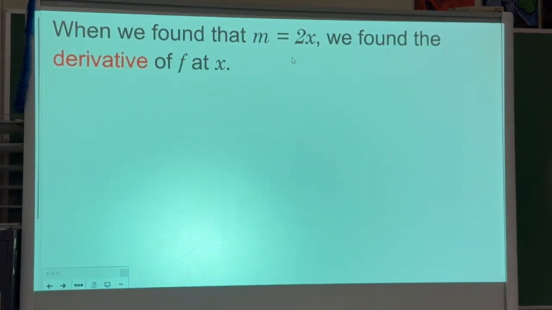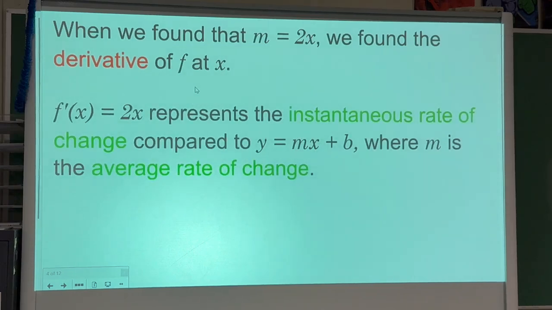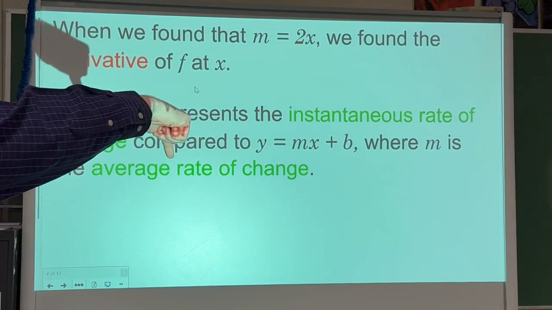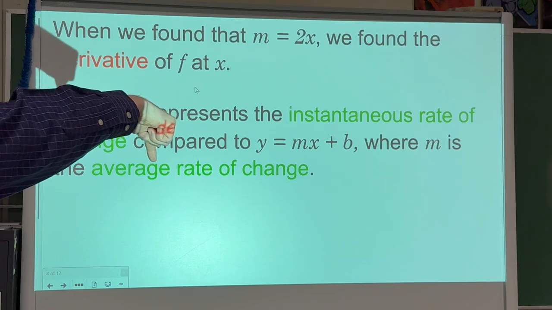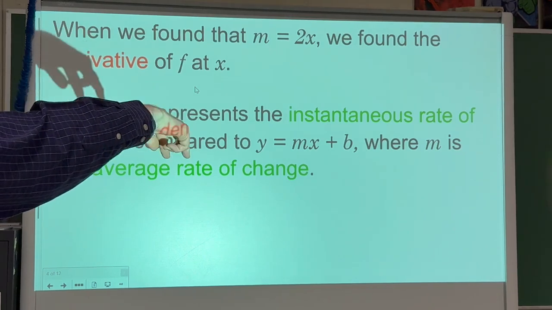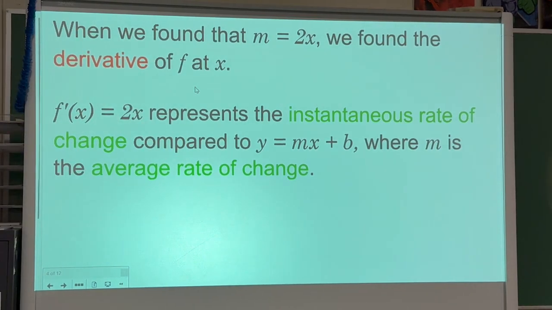What we found was the derivative of our function at x. Our derivative, which is often represented this way, f with a little prime, like an apostrophe there, of x equals 2x, is the instantaneous rate of change. So at a particular instant, at a single point, that's the rate of change.